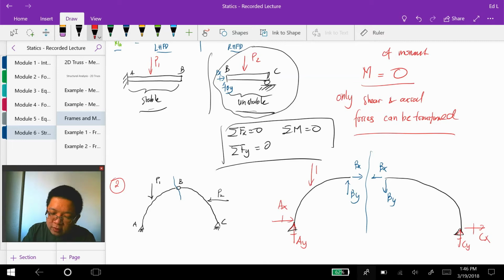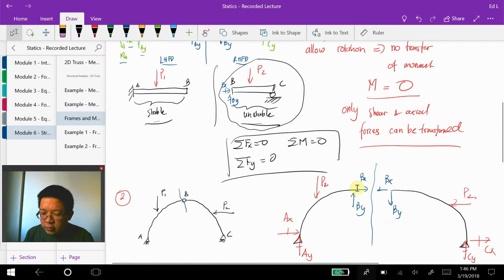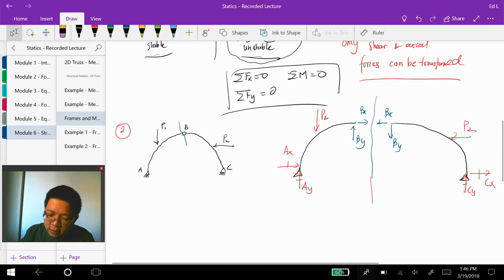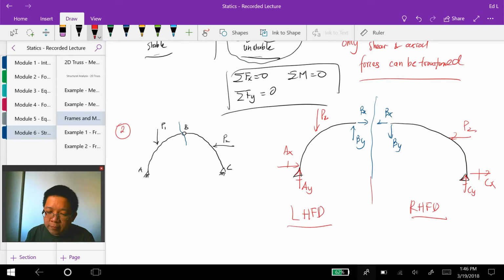And then with the external forces that are applied here, we separate the composite structure into the left hand free body diagram and the right hand free body diagram.